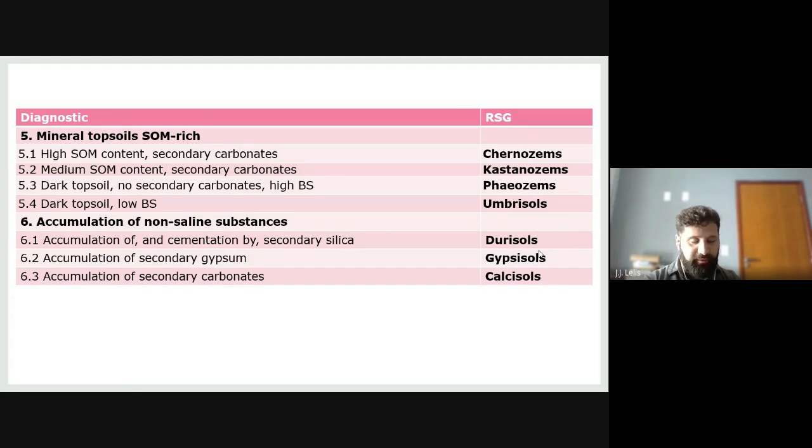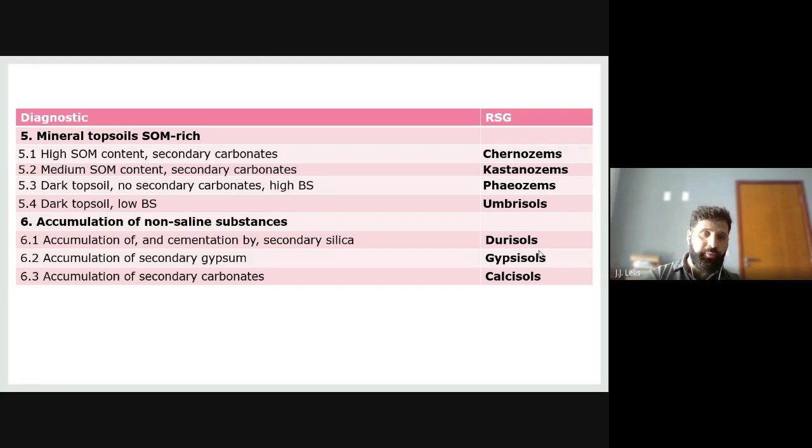So they possess a temperate or even tropical climate that helps the increase of soil organic carbon, and consequently, the topsoil is dark and possesses secondary carbonates, because these materials are precipitated from the weathering of limestone.